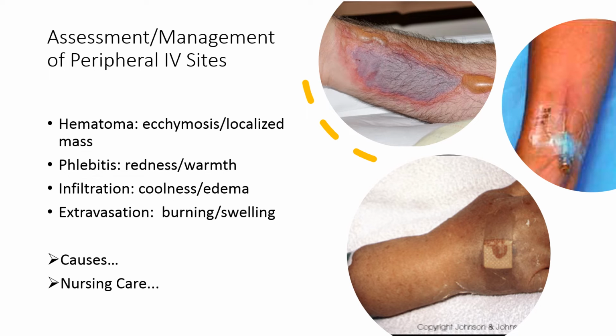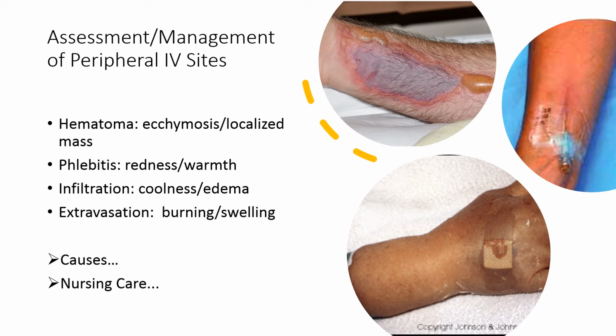Infiltration is caused by the catheter becoming dislodged. So what do we need to do for this? We need to stop the infusion immediately. We need to restart the IV infusion in a different vein, higher in the extremity. And we'll elevate that affected arm on a pillow to promote absorption of that excess fluid.